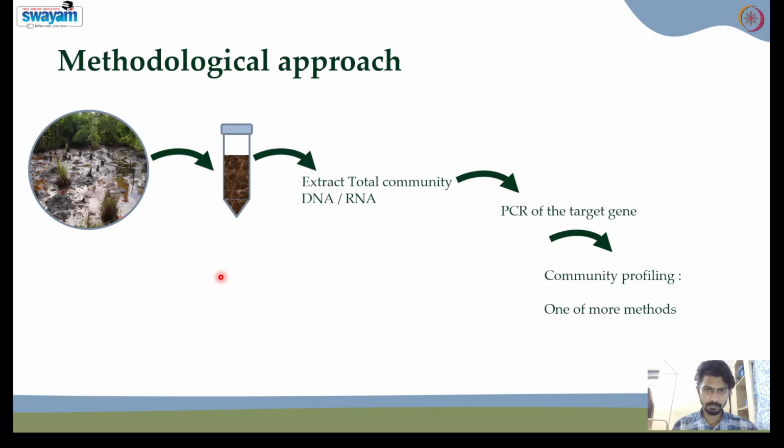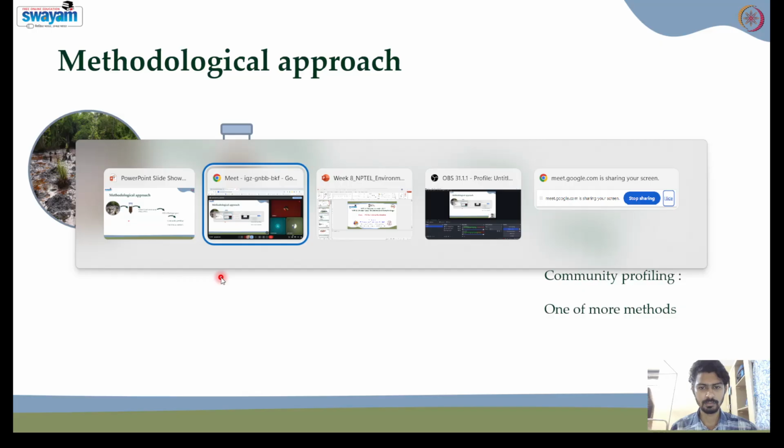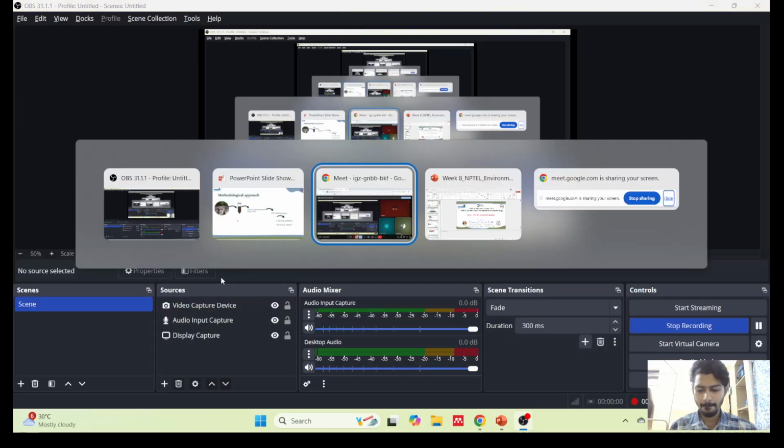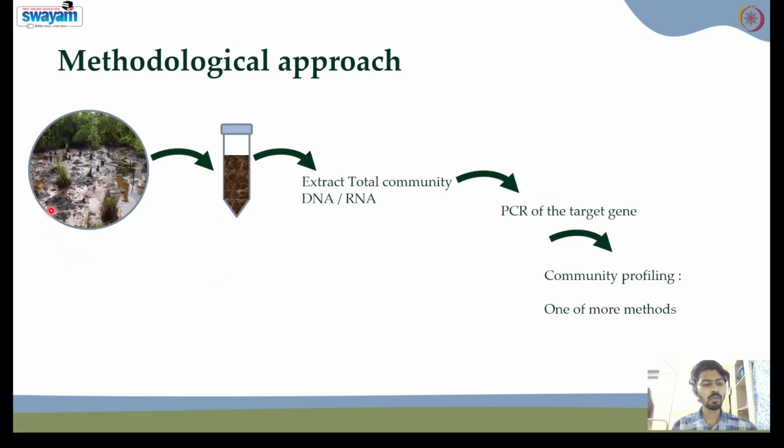Moving on to the techniques, first we will give a broad overview of how a culture independent technique is followed. First, we will be collecting the sample. It can be an environmental sample, such as a soil sample, water sample, or wastewater sample.